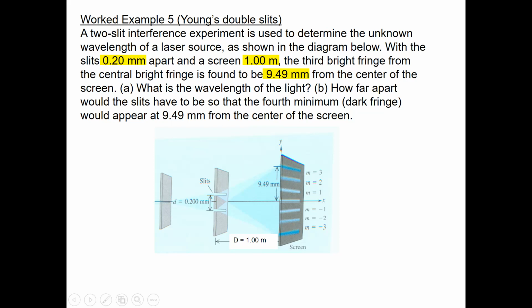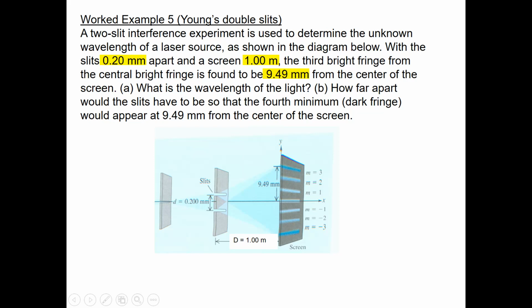For part B, how far apart would the slits have to be if now the position at 9.49 mm is a fourth order maximum? So where is the fourth order maximum on the screen? Let's take a look. In between the zero order and the first order maximum, I have the first dark fringe. So this is the first order dark fringe. Second order, third order.